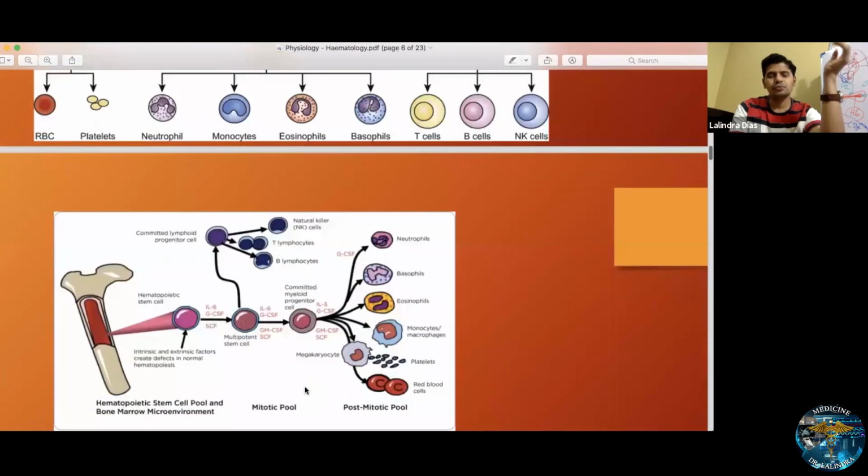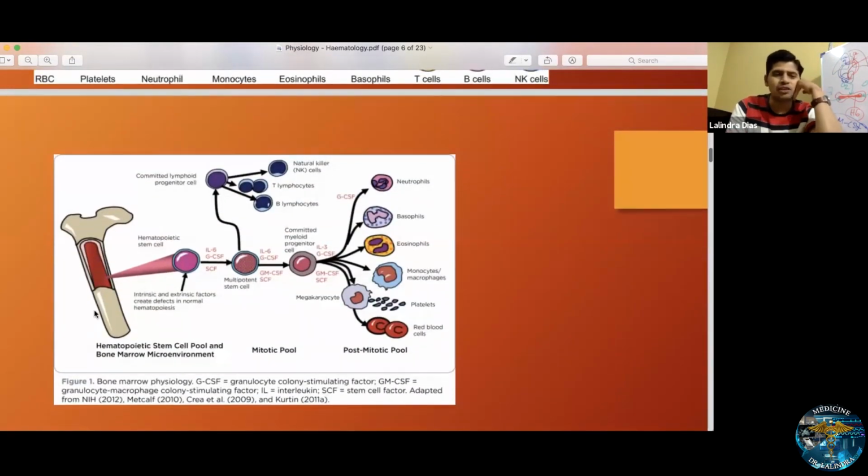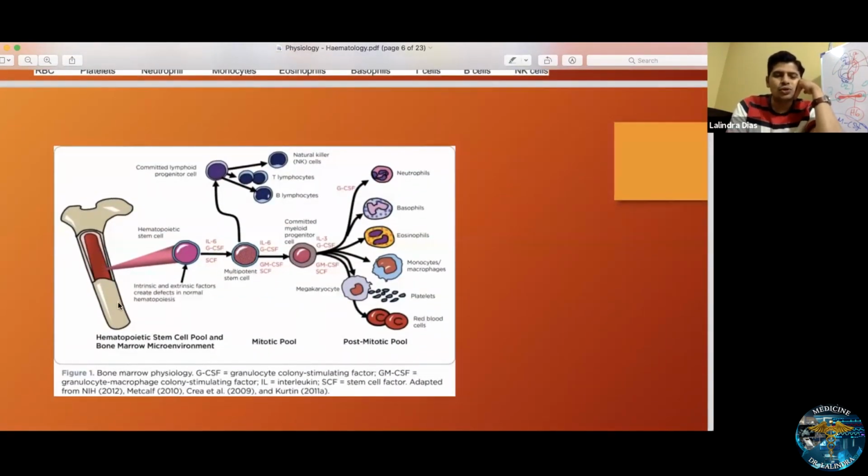All right. So those are the types of cells and how they are produced in bone marrow that I have taught you. This is another pictorial explanation of what's happening in the bone marrow. From the stem cell, you can see with the help of interleukins and also GM-CSF, you produce various progenitor cells.